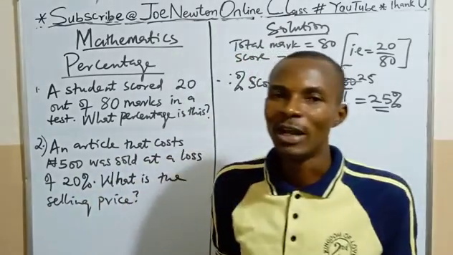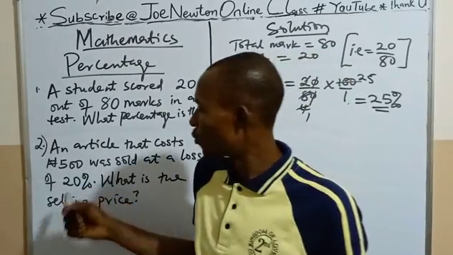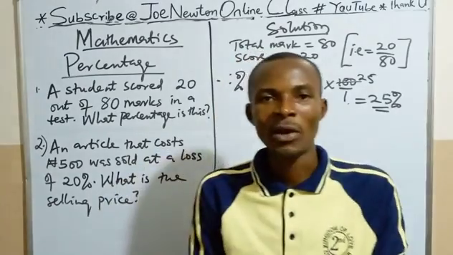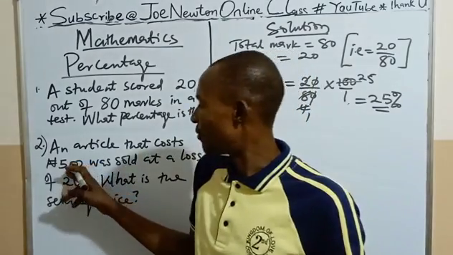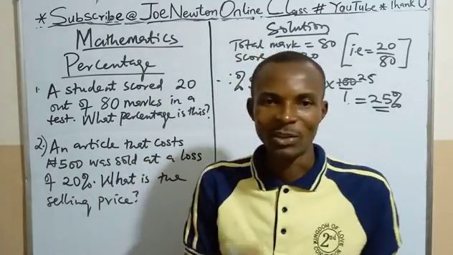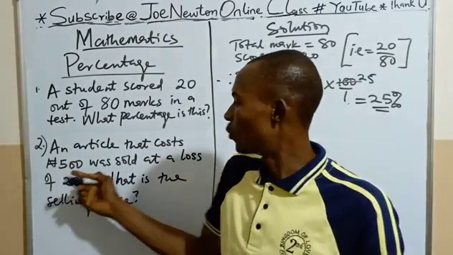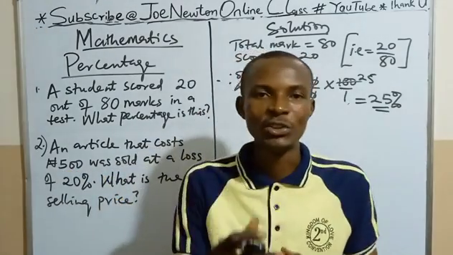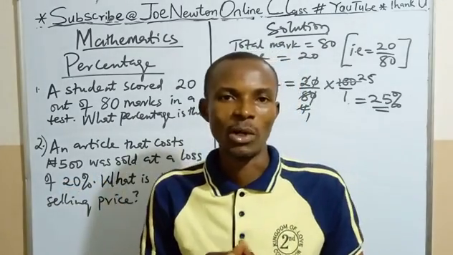And we don't even know the actual loss in naira. The loss we have here is just 20%. So it will be an error if somebody just does 500 minus or plus 20 in that quantity. It doesn't work that way, because you can't work this one in naira and compare it with this one in percentage. They are not proportional or equivalent.